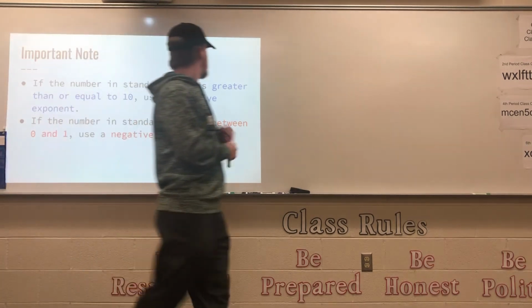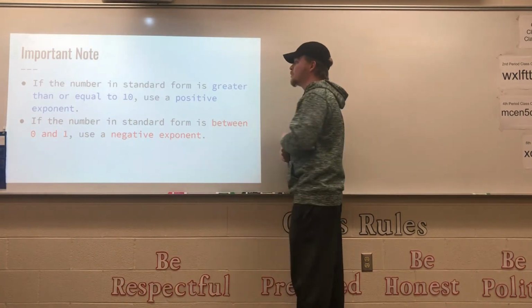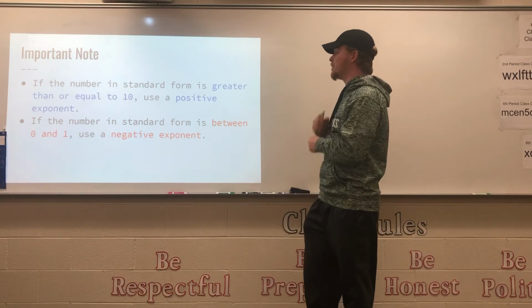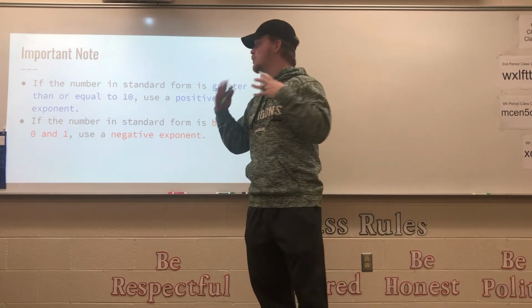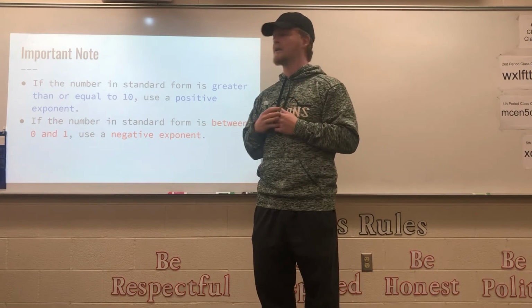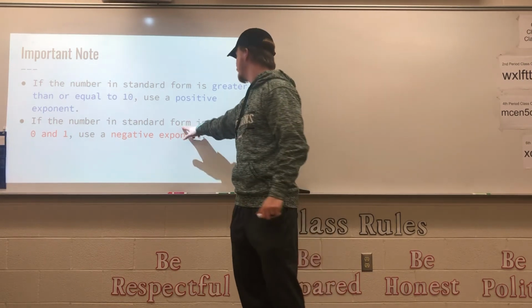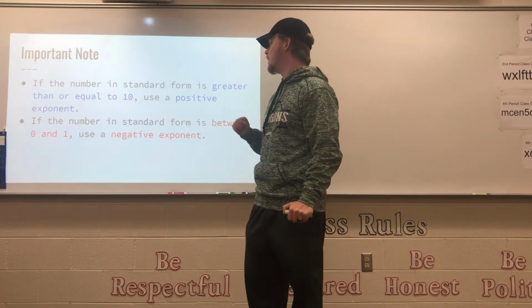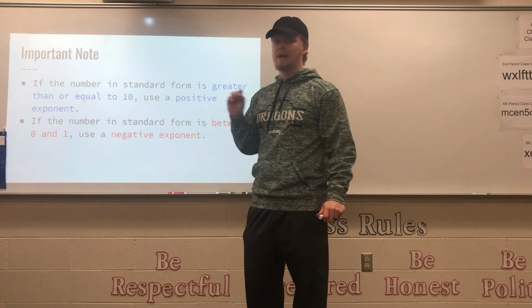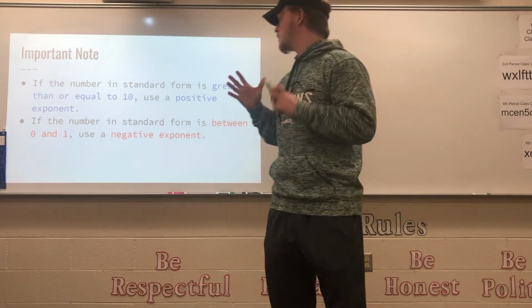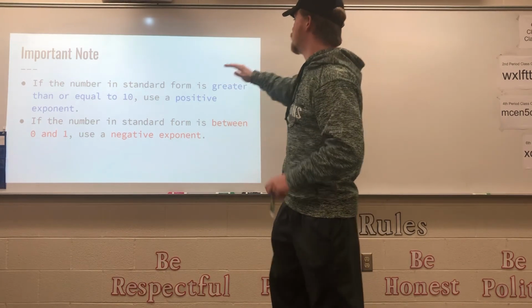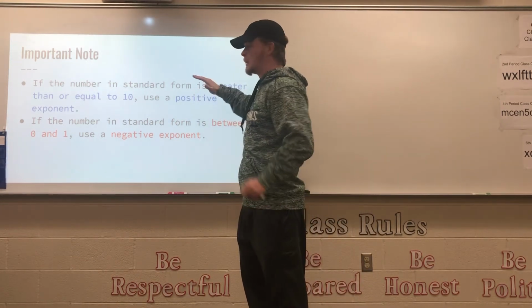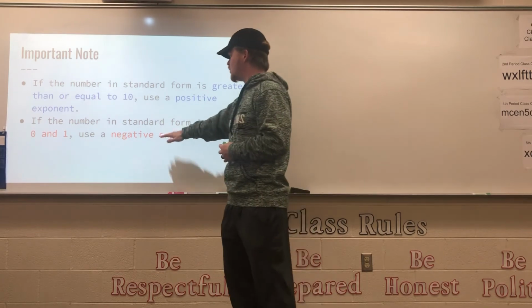So if the number in standard form is greater than or equal to 10, you use a positive exponent. If you have a really big number, you're going to use a positive exponent. And if you have a really small number, if the number in standard form is between 0 and 1, use a negative exponent. So you move your decimal point, count how many spaces you move, but then you pay attention and ask, was that a really big number or a really small number?